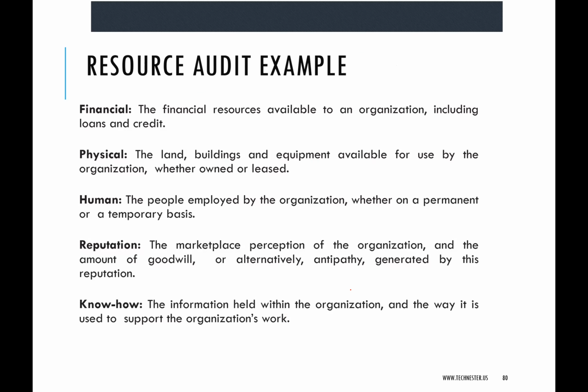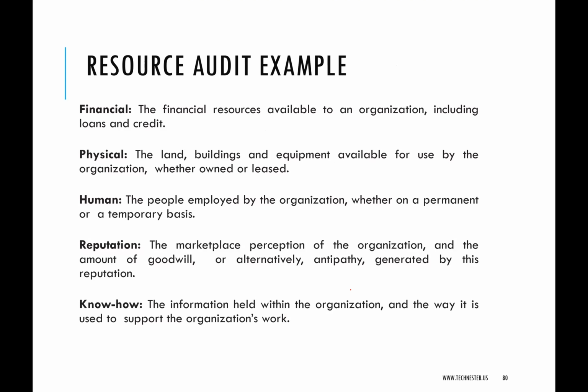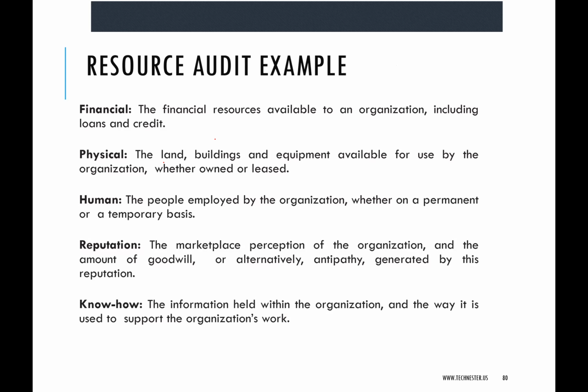What are our financial resources? Maybe we have this amount of money in the bank, or we have a good relationship with a manager who has promised that he can give us $10 million if we need it. Those are financial resources that are accessible to us. So physical resources: land, building, equipment that we have.